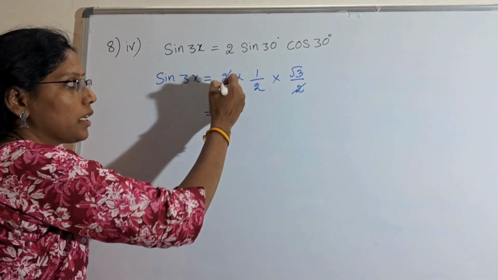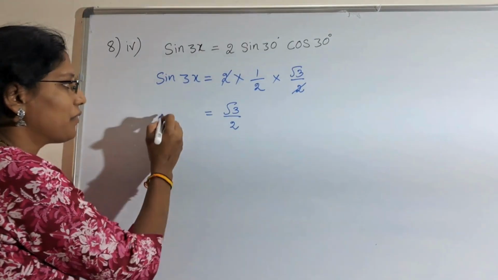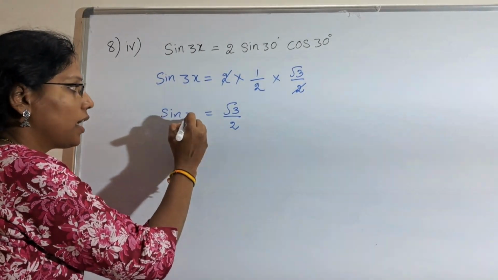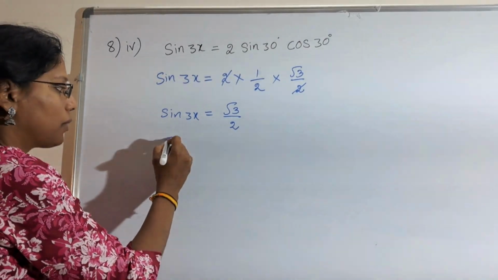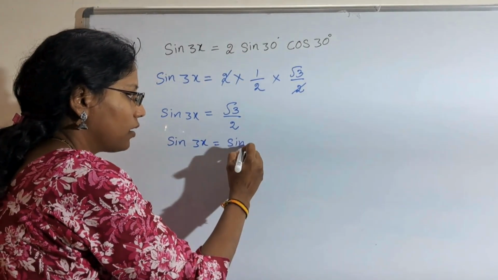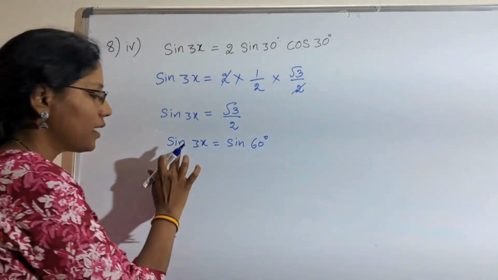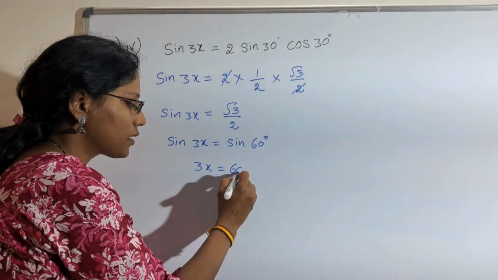Here the 2 and 2 cancel, remaining root 3 by 2. Left-hand side is sin 3x. In the sin table, root 3 by 2 is sin 60 degrees. Sin 3x is equal to sin 60 degrees. Here sin cancels, remaining 3x is equal to 60 degrees.